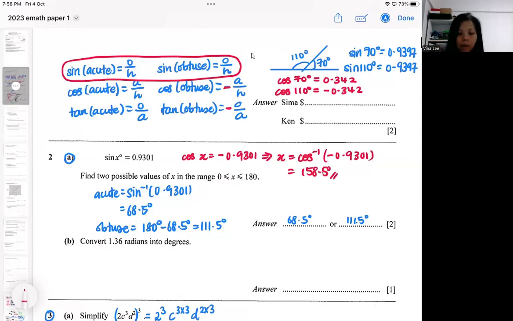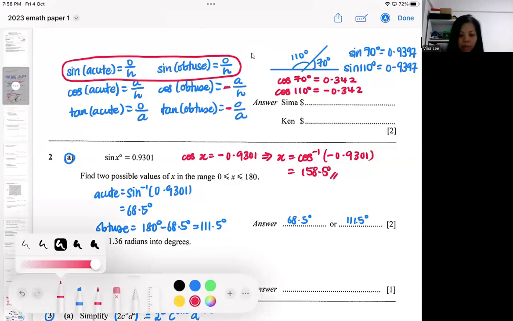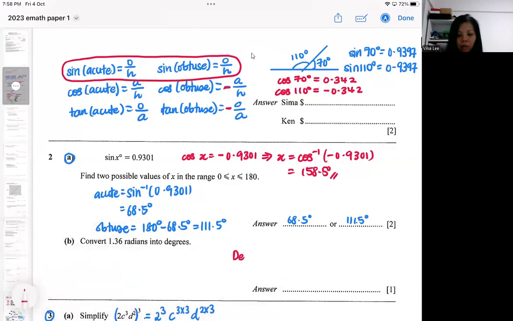And then part B is the conversion. I think most of you generally will be okay. Just as a quick reminder, because they can ask you to convert radian to degree, of course they can ask you to convert the other way around. You can always think of it as this formula. Convert degree to radian, you multiply by pi over 180.